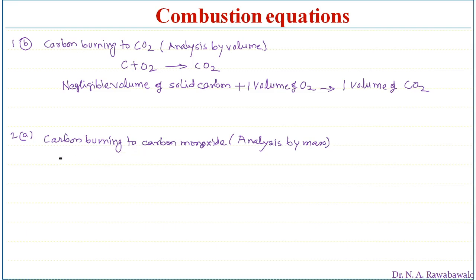Here carbon monoxide is produced by incomplete combustion of carbon. If carbon undergoes complete combustion, it produces carbon dioxide. If the carbon burns with incomplete combustion, then it produces carbon monoxide.